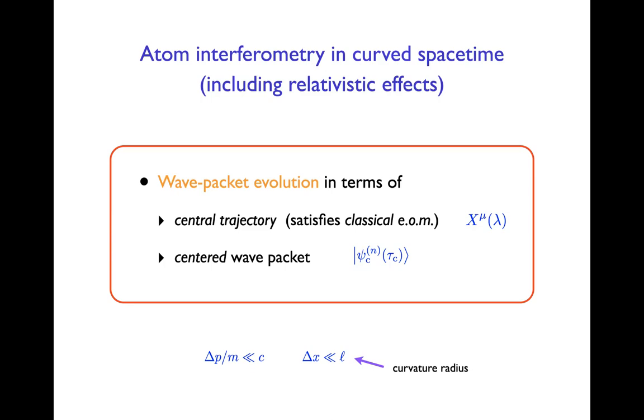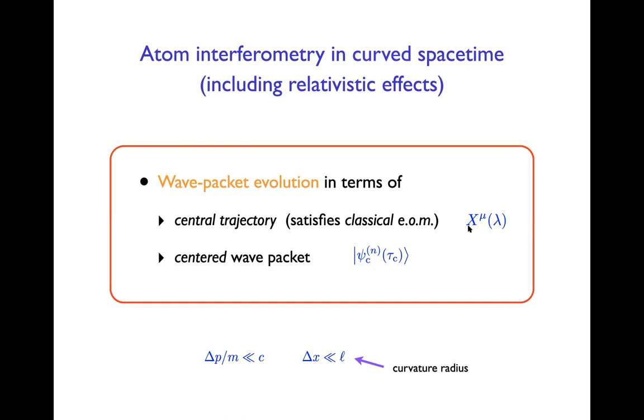The key point is that it's very convenient to decompose the evolution of these matter wave packets in terms of basically two aspects. One is a central trajectory of your wave packet, which satisfies the classical equations of motion, including kicks from the laser pulses that act as diffraction gratings.